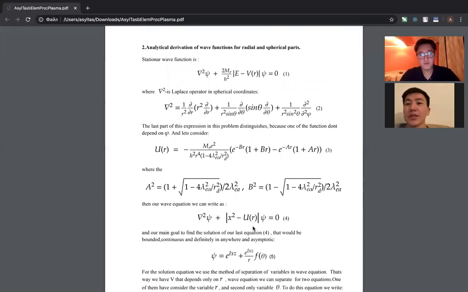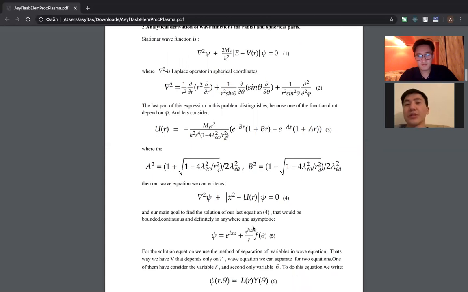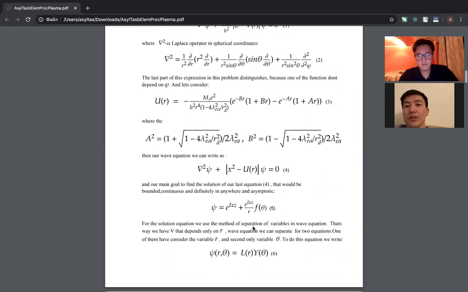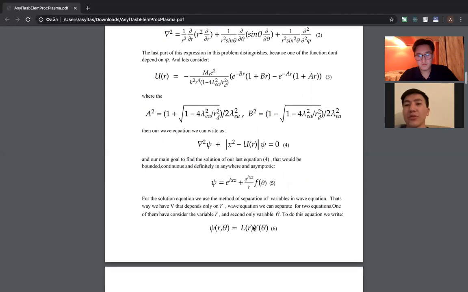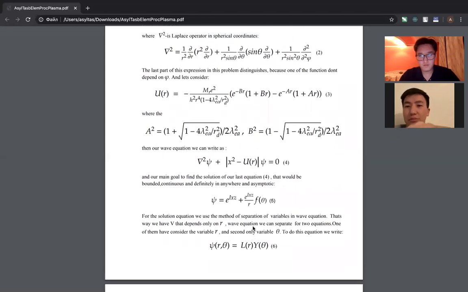As we see, the last part of this expression differs from the others because one of the functions doesn't depend on phi, so we consider it in the third formula, as written below.